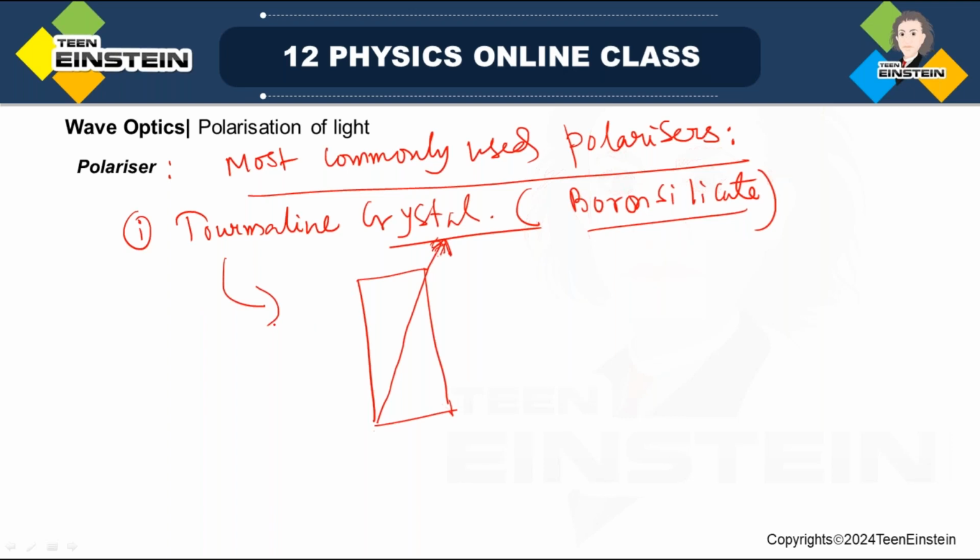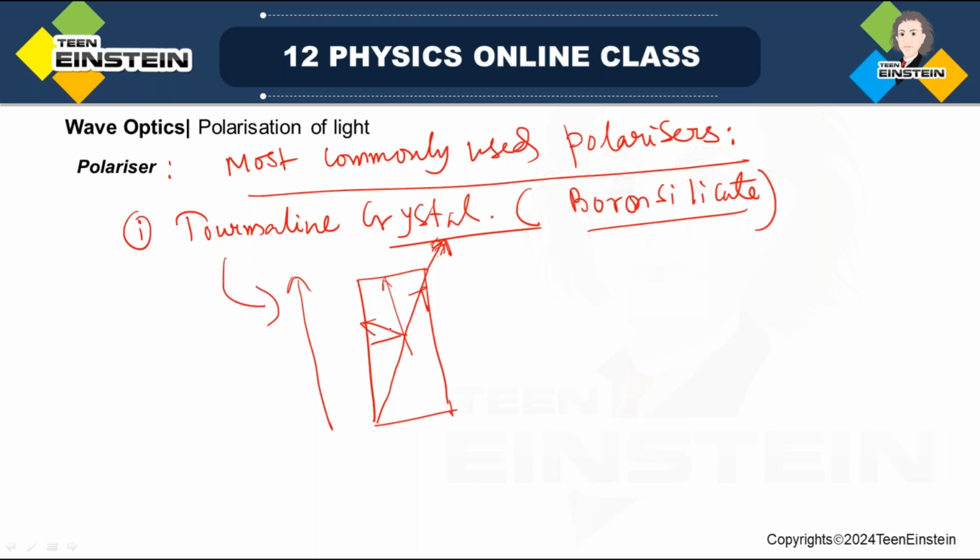If this is the optic axis and light is passing through this crystal, the light will have two components, one along this direction and another along this direction.